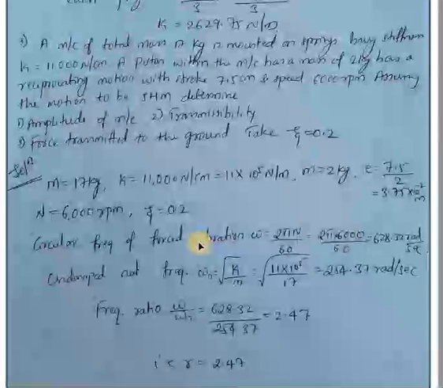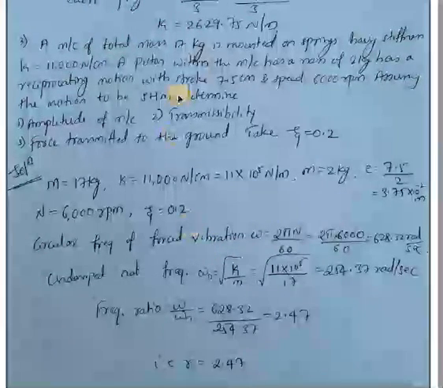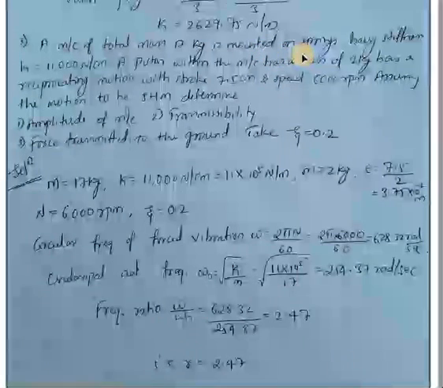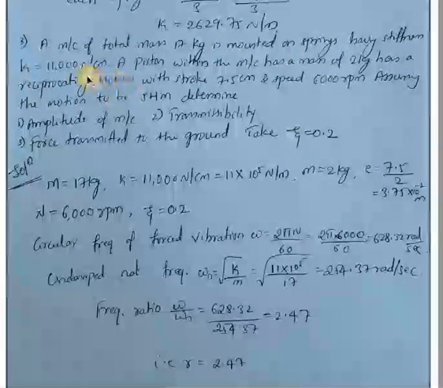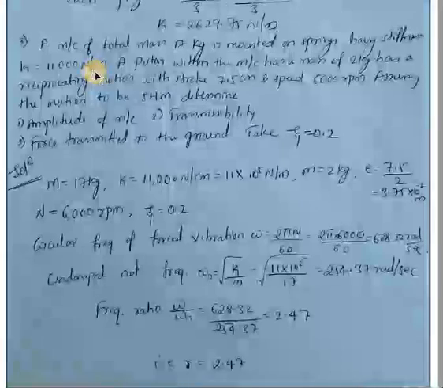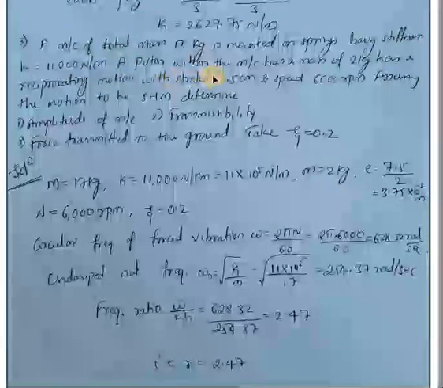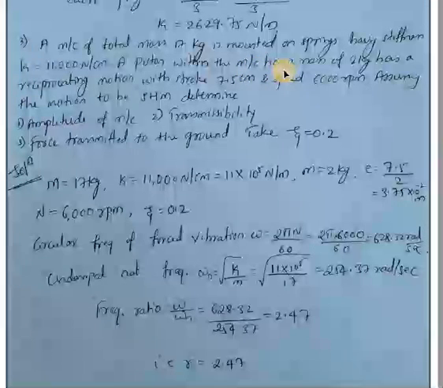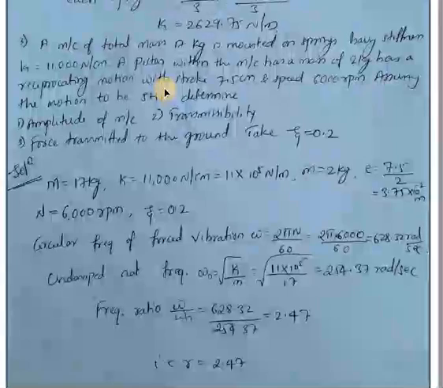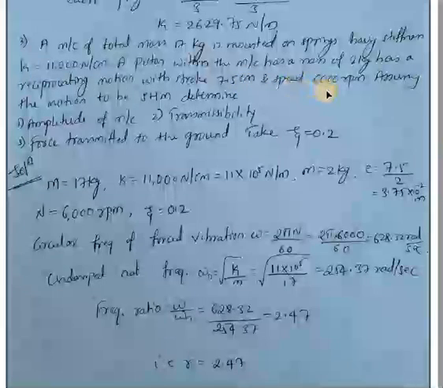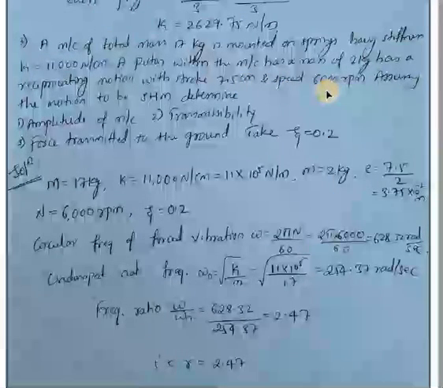Then moving further, the third problem: a machine of total mass 17 kg is mounted on springs having stiffness of 11,000 Newton per centimeter. A piston within the machine has a mass of 2 kg and has a reciprocating motion with stroke 7.5 centimeter and speed of 6,000 rpm.